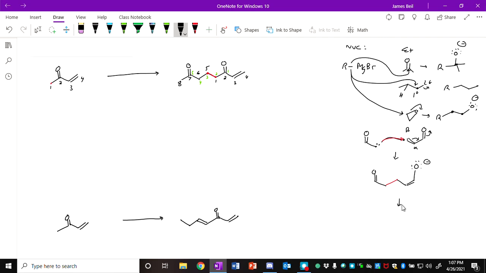And then typically there's a second step where some H3O plus is added, and that will donate a proton to this carbon here, which will give you the carbonyl back. Right, so now I have CO double bonds, and they're 1, 2, 3, 4, 5 atoms apart.